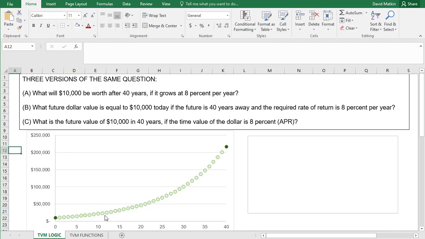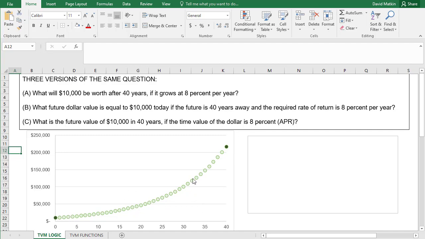So all of these future values all along this curve are all equivalent to this $10,000 in the present, but they're just different in how much time transpires. But they're all different by 8%.